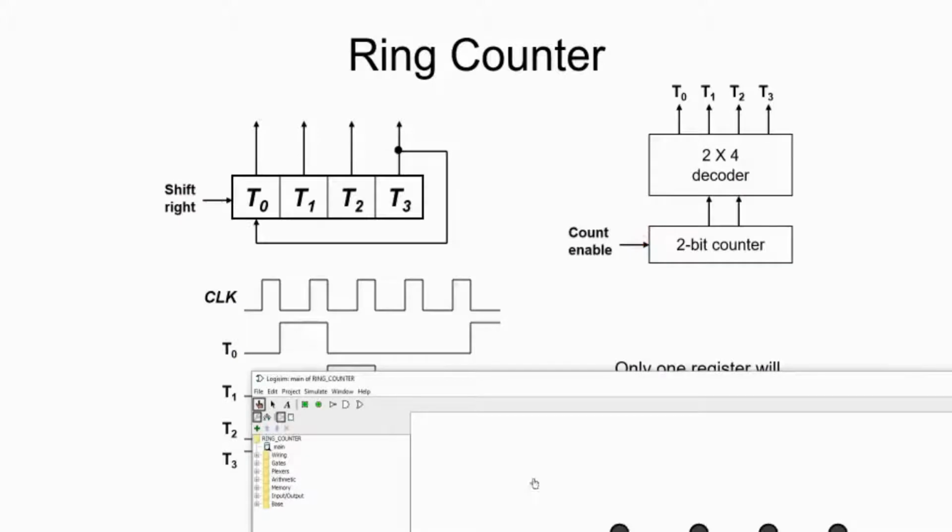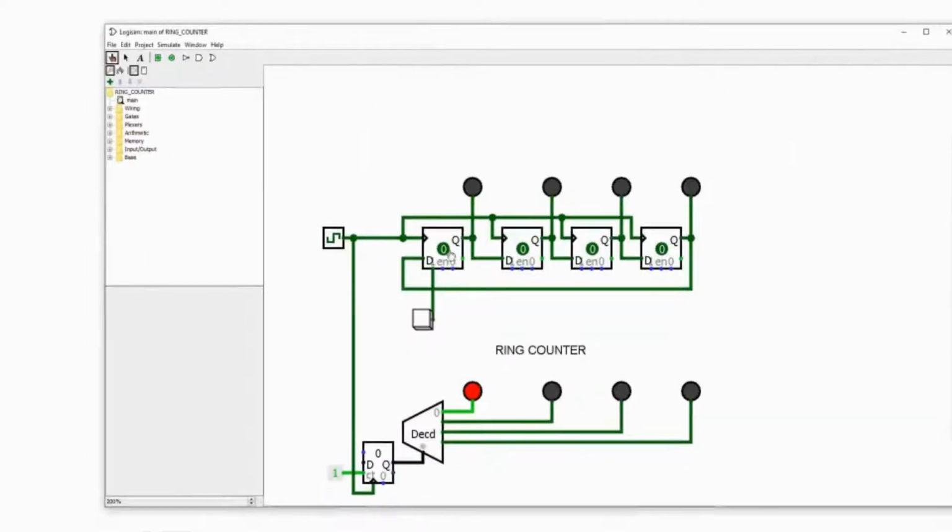That is at the bottom. This is the circuit right here. Actually, this is not a D flip-flop. It looks like a D flip-flop, but in the software, this is a counter and this is a decoder. Both are actually a 4-bit ring counter.